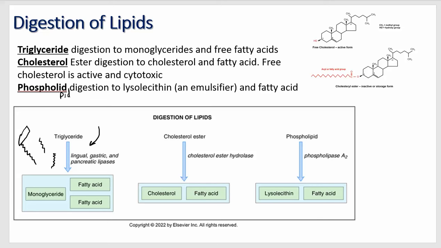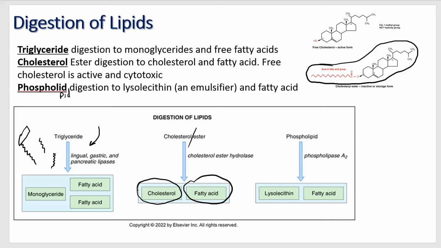Cholesterol ester. I have a picture of that up here. They're esterified, so they have an ester group that makes them less reactive. That's how they tend to be moved around. When they're digested, that ester group is broken off, and then you can absorb it as the cholesterol and then the ester, which is a fatty acid.